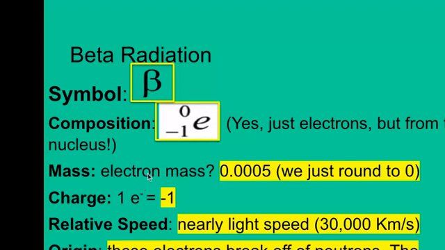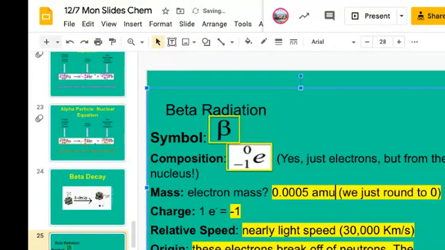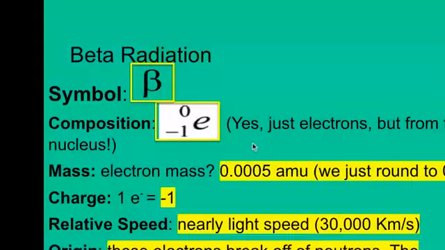And the mass is the mass of an electron, which is really 0.0005 atomic mass units. But the secret is we just round that to 0. There's a tiny, tiny amount of mass, but it's very, very small. Our charge, it's 1 electron. Electrons are negative, so we have a charge of -1.